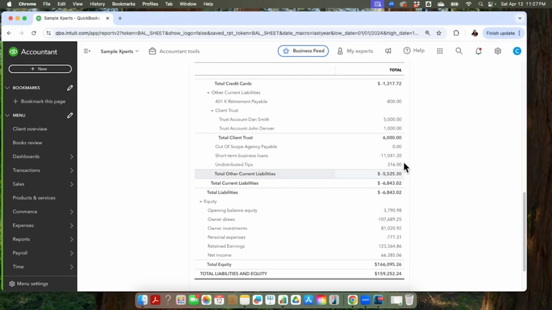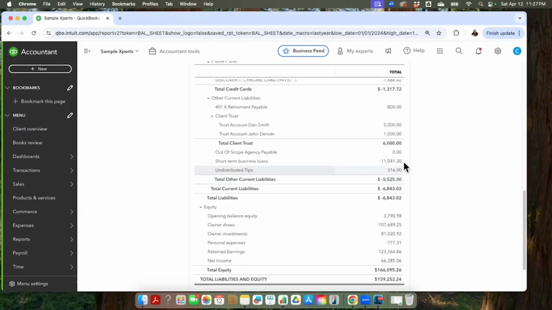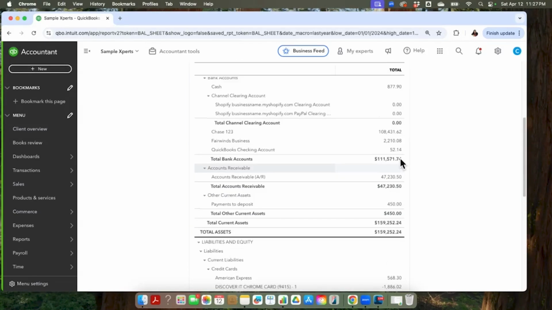How do you fix that? You want to record that towards wages. If it was recorded as wages and it's not supposed to be wages, it's tips, you can fix that. There are a lot of ways. If you pay cash tips and your cash is not recorded, make sure you record those transactions.